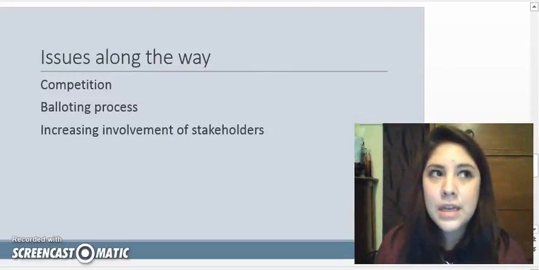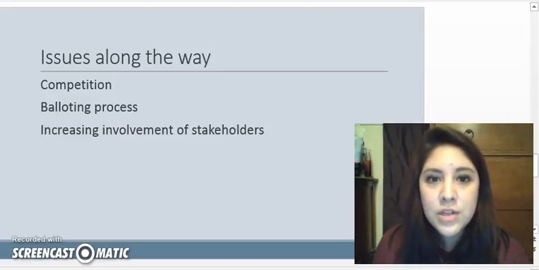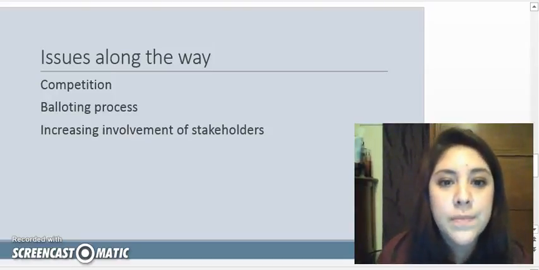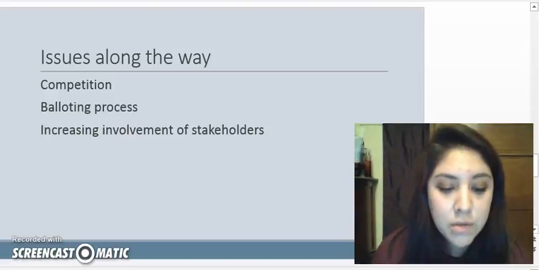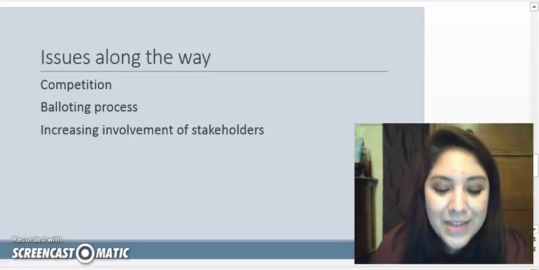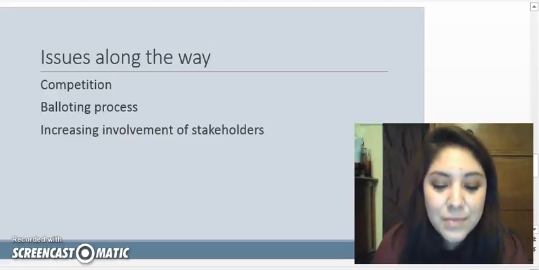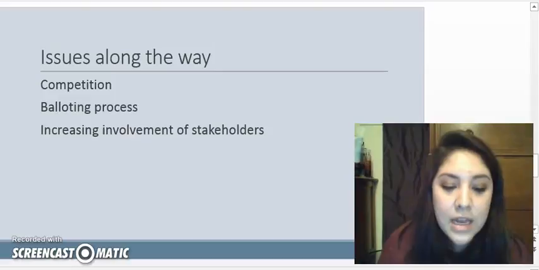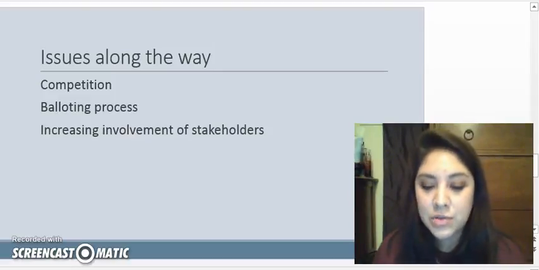So with implementing anything, there are always issues. Things that I found interesting are competition, the balloting process, and increased involvement of stakeholders. There is competition among the SDOs as more organizations enter the business of creating health data standards in the hopes that theirs will become the national standard.